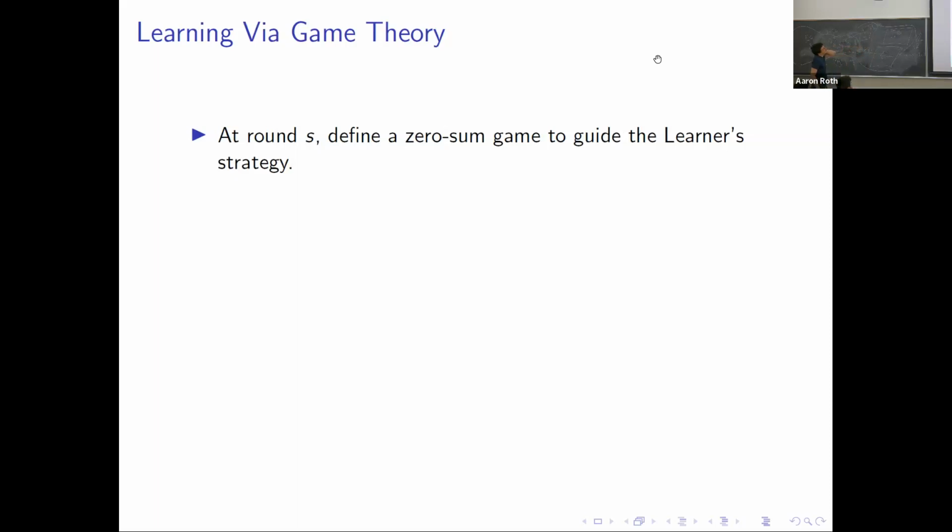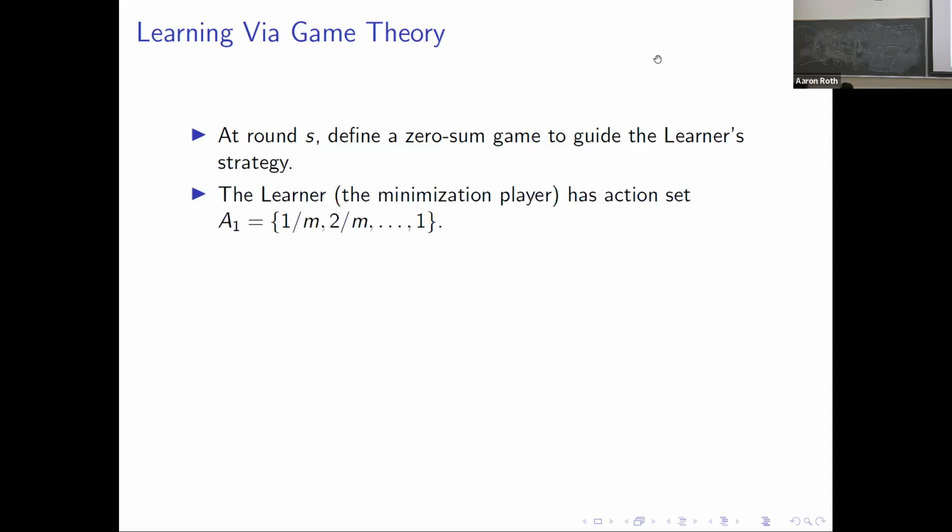And here we are in an algorithmic game theory class. So we're going to try to do it by thinking about a zero-sum game. Okay, so at every round S, we're going to define a zero-sum game that we'll use to guide the learner's strategy.